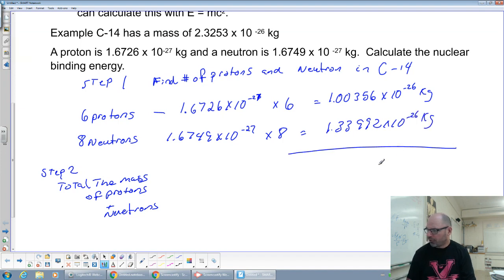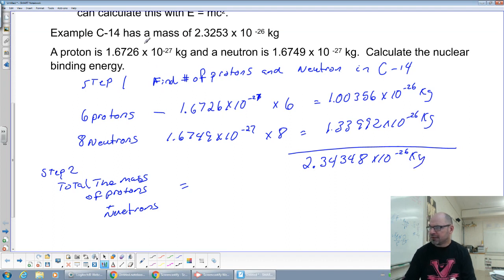So if we total those up, okay, we add that one to 1.00356. Don't round anything off, obviously, until you get to the end. You get a total of 2.3438 or 348 times 10 to the negative 26 kilograms.